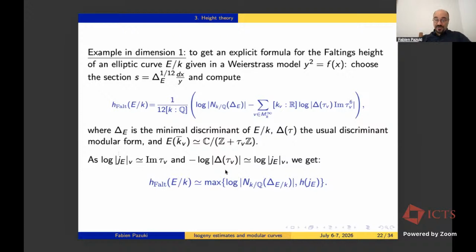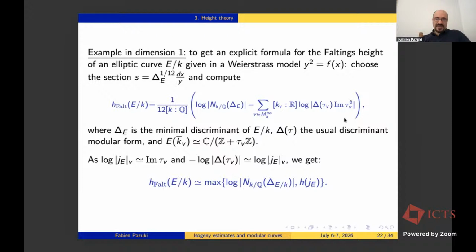Now delta as a modular form also has a Q expansion. It starts with Q. So minus log Q is the same as log 1 over Q. So these two must be close to each other, and they are indeed. We can prove that explicitly.